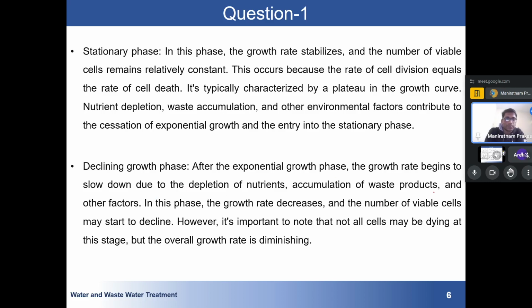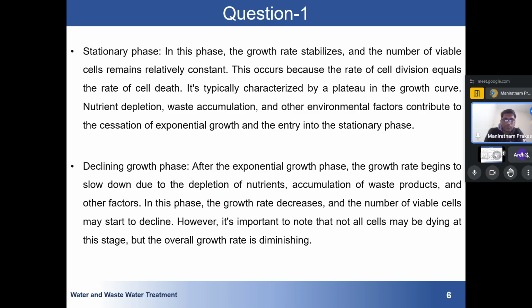Imagine initially, due to degradation of organic matter, a huge amount of waste was generated. Microbes were also dying, which also produced waste. All these factors combined resulted in the declining growth phase.